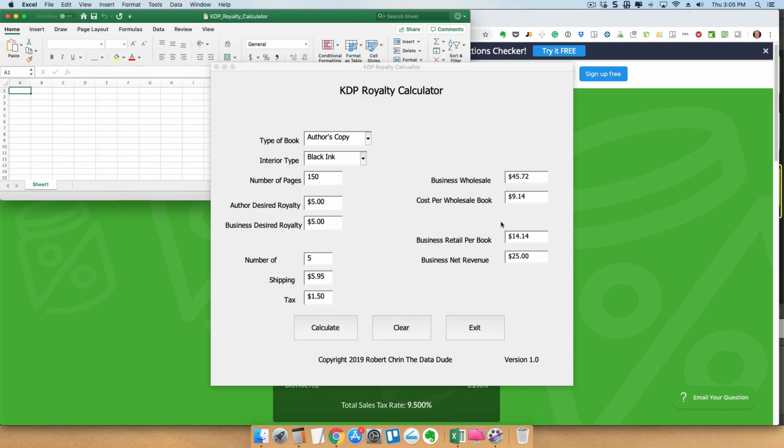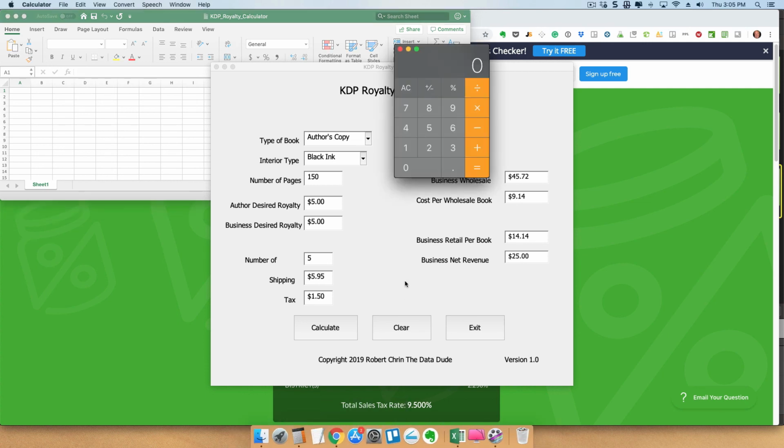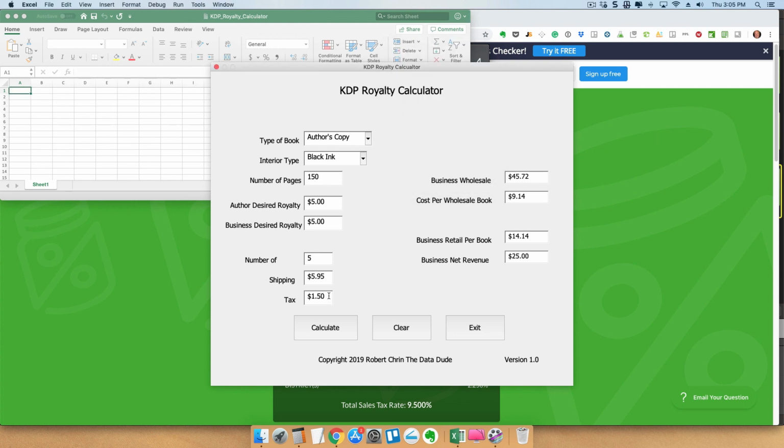Was that the right amount? Yeah, $45.72. So if I took 45.72 times 0.095 equals 4.34. So instead of doing $1.50 here, we do 4.34, and then you hit calculate, and it'll calculate now.